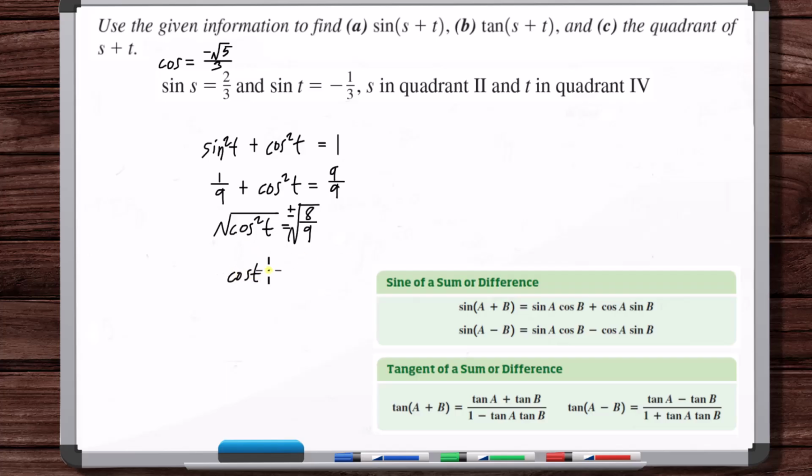Okay. So square root of 8 is 2 root 2. Square root of 9 is 3. Okay, t is in quadrant 4, and cosine the x side is positive in quadrant 4, so cosine of t is positive 2 root 2 over 3.